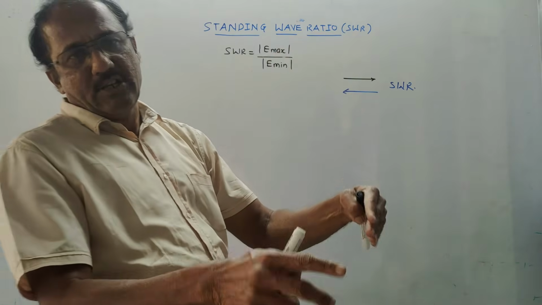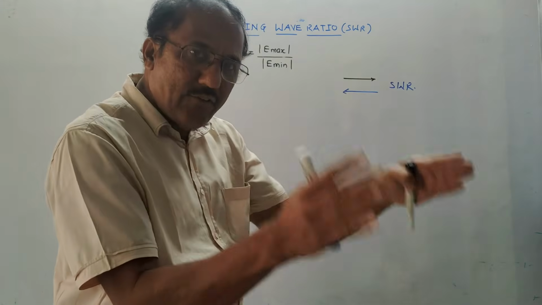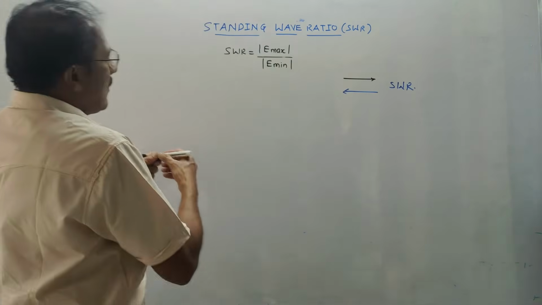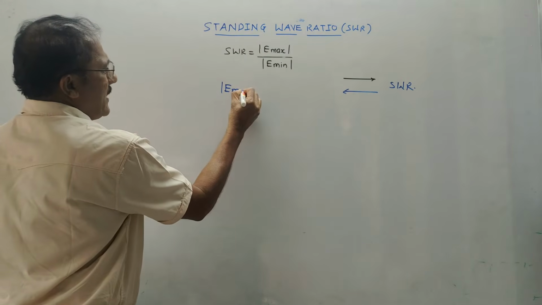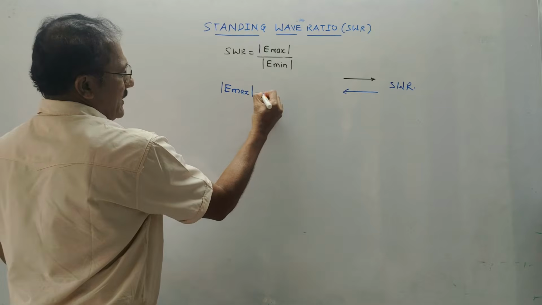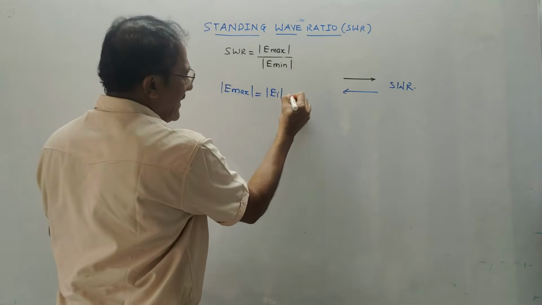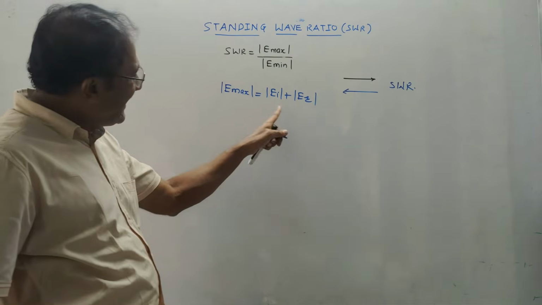In another way, if both the waves are in opposite phase, then the waves will be subtracted and you will get the minimum voltage. So I can simply write mod of E max, the maximum voltage, is obtained when incident and reflected waves are in phase and they are getting added.